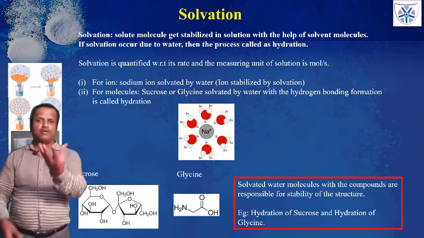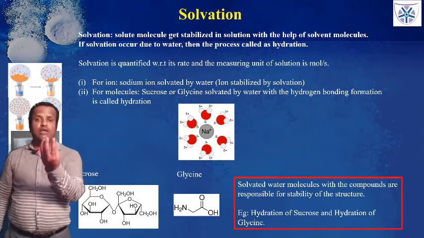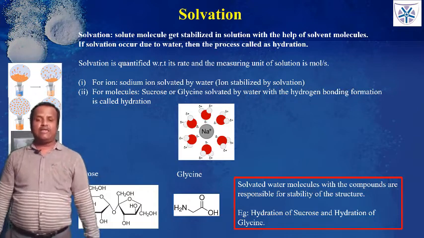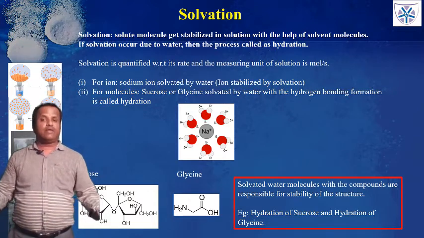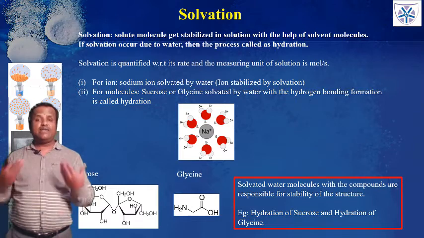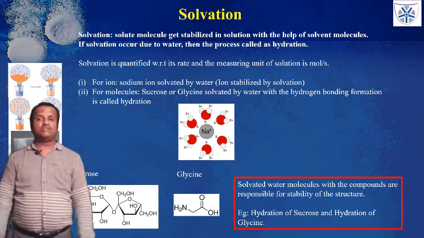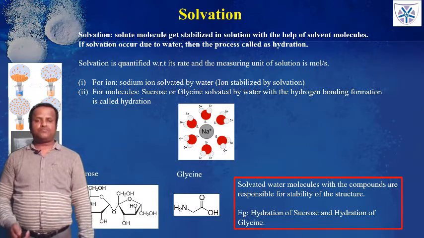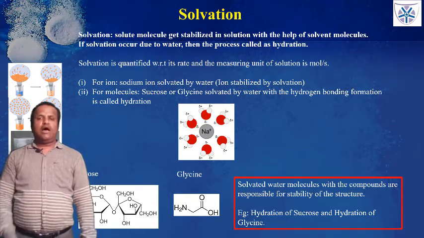If you remove the water, the glycine molecule will dissociate. Examples are hydration of sucrose or hydration of glycine. These hydration or solvation processes increase the stability of solid particles or electrolyte compounds.